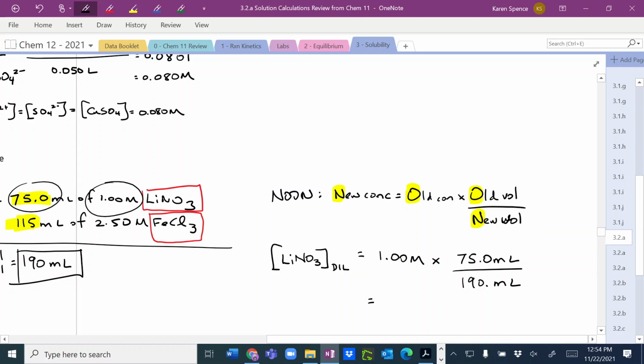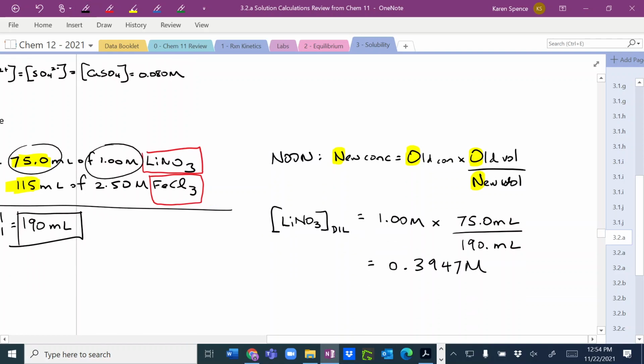And we get 75 divided by 190, which is 0.3947 molar. Now I could take that to correct sig figs and make that 0.395.